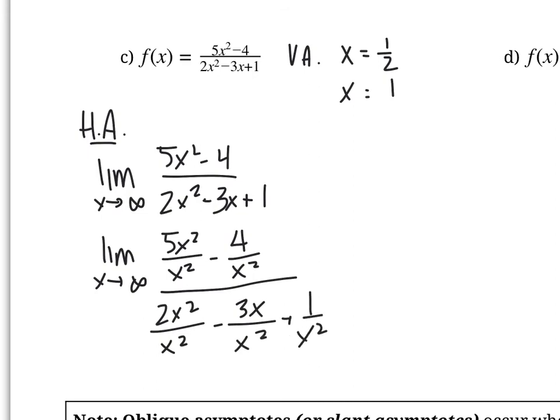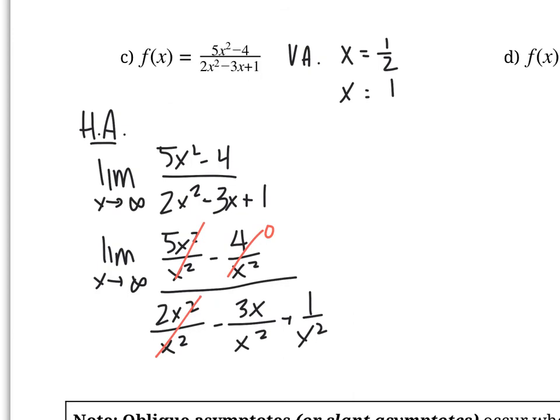Okay, so let's see what happens to each term. Here the x squareds cancel out, and we're left with just that 5. Here we have a denominator of x squared, so when x gets large, this term goes to 0. Here, these x squareds cancel out and we're left with 2.